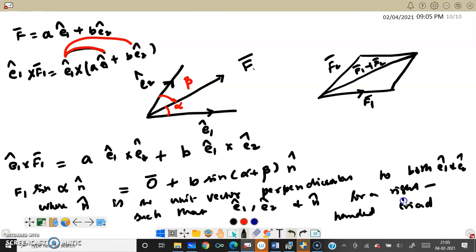You can imagine that. So E1, E2 and n, three pencils, if you keep them perpendicular to each other, you can say they form a right-handed triad.